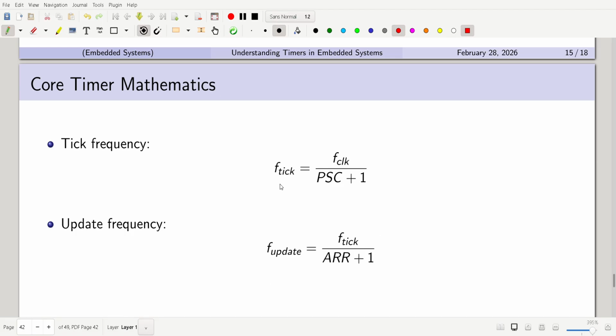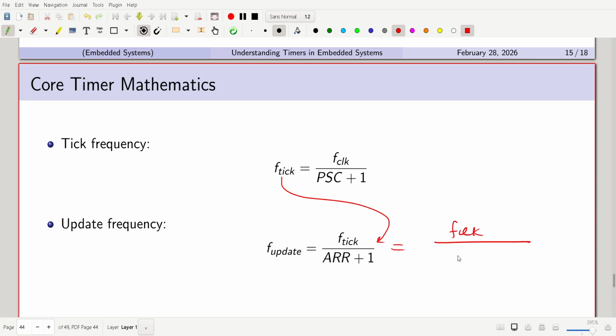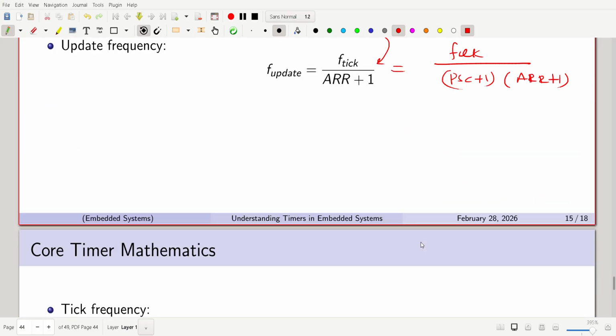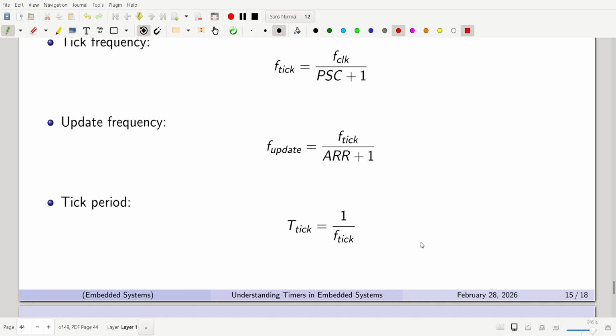So using the clock, PSC plus 1 and ARR plus 1, you can find these. And tick period is the reciprocal of the tick frequency.